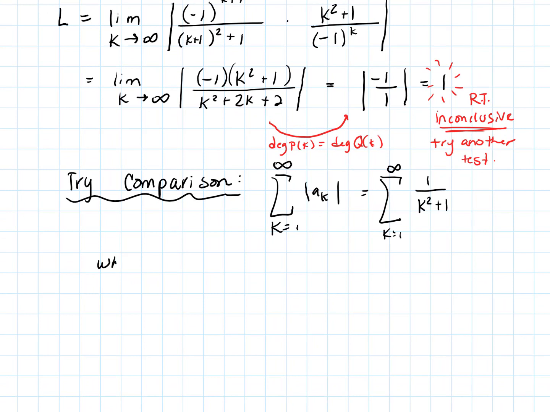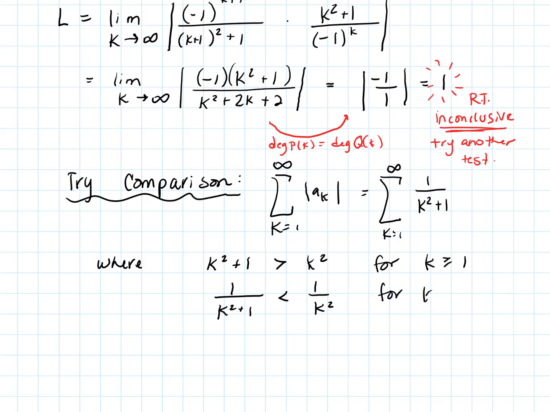Notice k squared plus 1 is bigger than k squared for k greater than or equal to 1, which means that the reciprocal, 1 over k squared plus 1, is less than 1 over k squared for k greater than or equal to 1. Of course, these are also positive terms, since we took the absolute value.